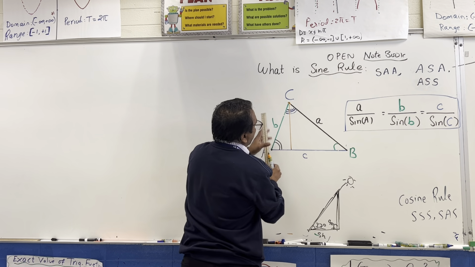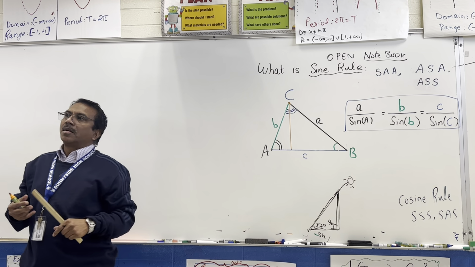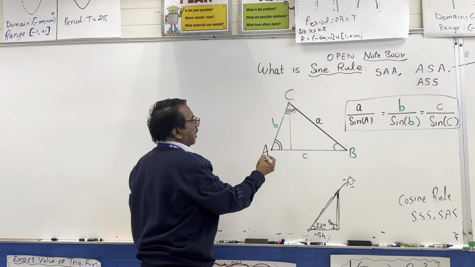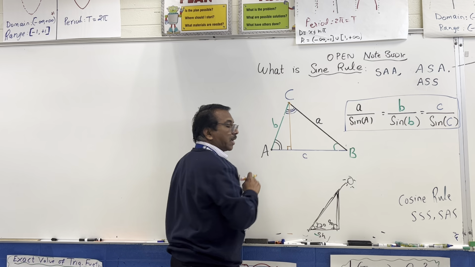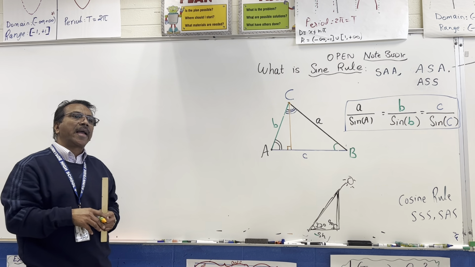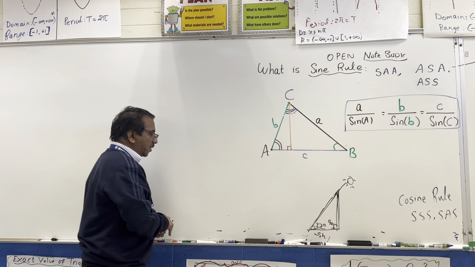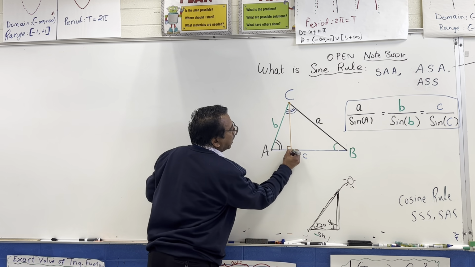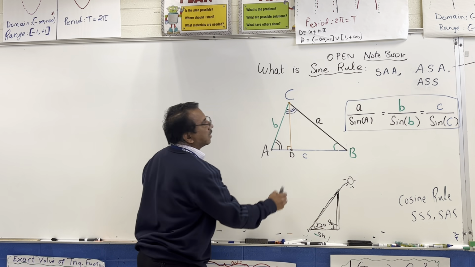Because we do know we can split the whole triangle into two right triangles. Agree, yes or no? Okay. And then we are going to use the sine of an angle. How do we define sine? So drop a perpendicular, and let's call this point D.